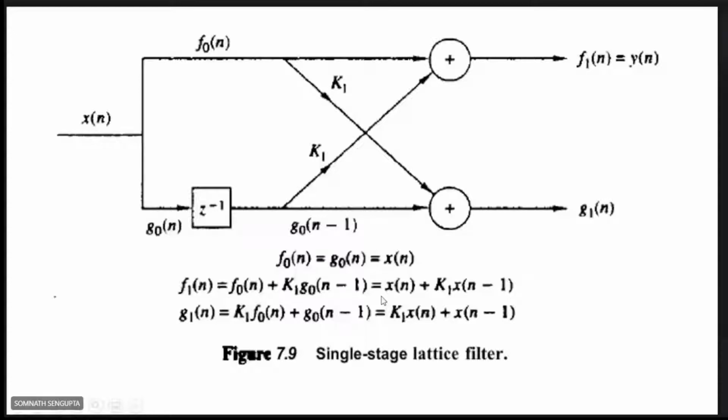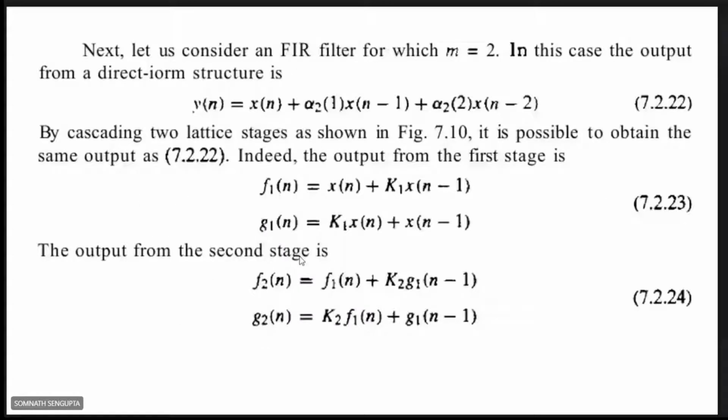Now we go to the second order lattice stage. That means we consider a delay of 2 for the inputs. Input goes up to xn minus 2, so the filter order goes up to m is equal to 2.